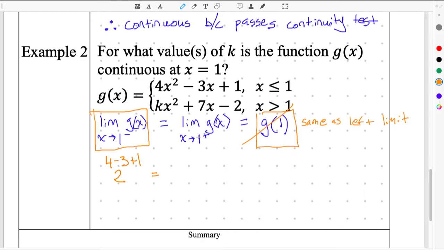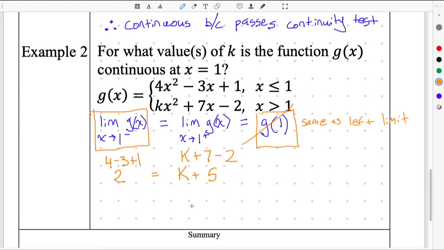I'm plugging in the suspect point. Always plug in the suspect point. All right, who can do that for me? Go for it, Claire. 2 is equal to k plus 5. Because 7 times 1 is 7 minus 2 is 5.